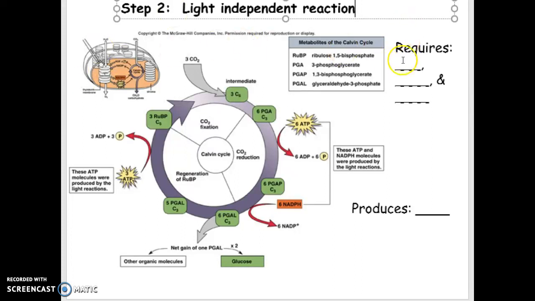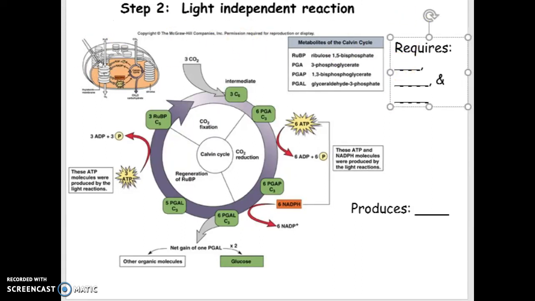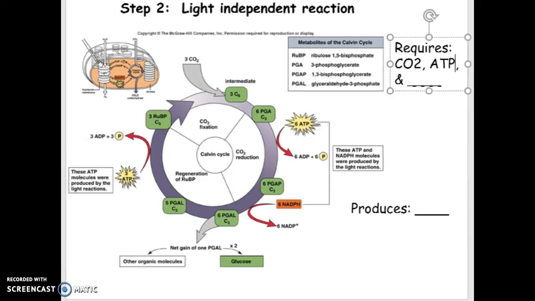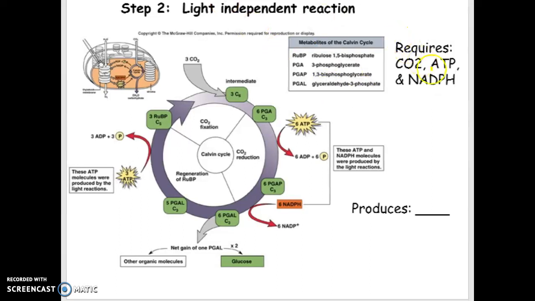Instead, what it requires is carbon dioxide, ATP, and NADPH.